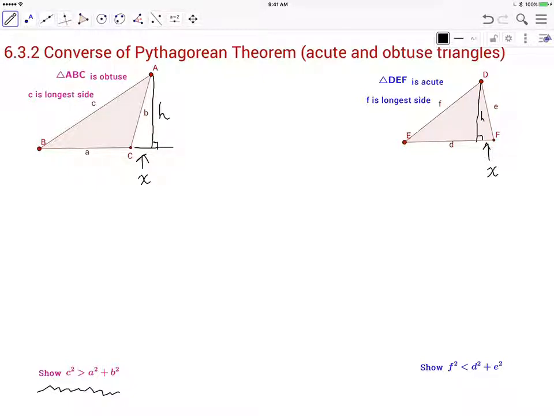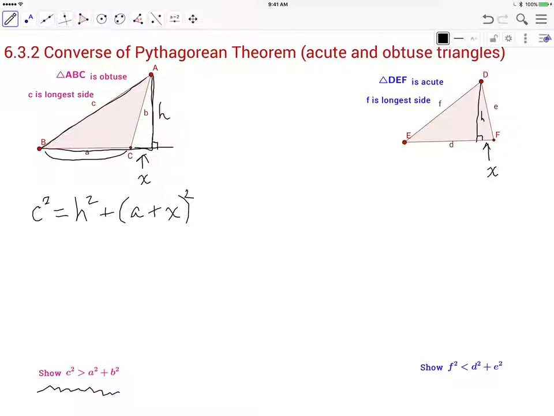And so what happens is I've now created a right triangle. And the right triangle is right here. This entire big one, right? And we know from experience that c squared is equal to h squared plus, now I'm going to remind ourselves that this is little a, right, plus x squared, all right?